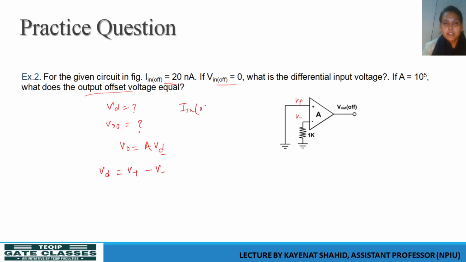Input offset current is the current difference between these two terminals, right?